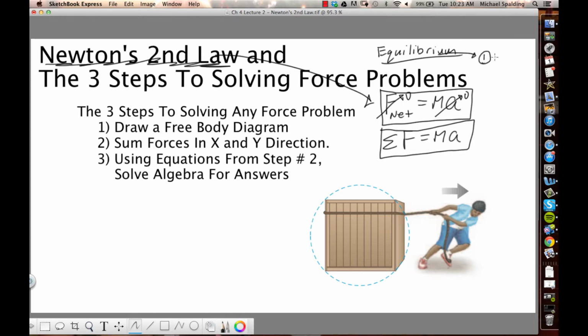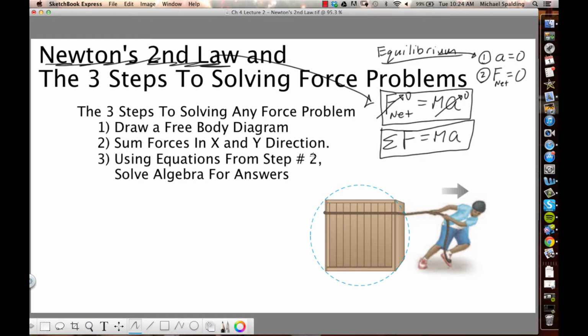The first way is you could say equilibrium is when acceleration equals 0, right? What's the second way to describe equilibrium? You could say equilibrium is when the net force equals 0. It's the same thing. If your acceleration is 0, then your net force is 0.